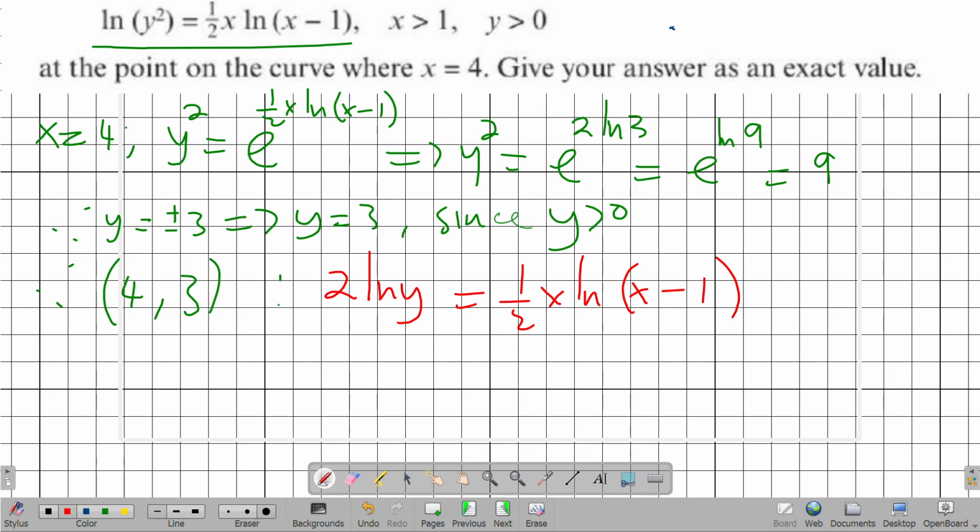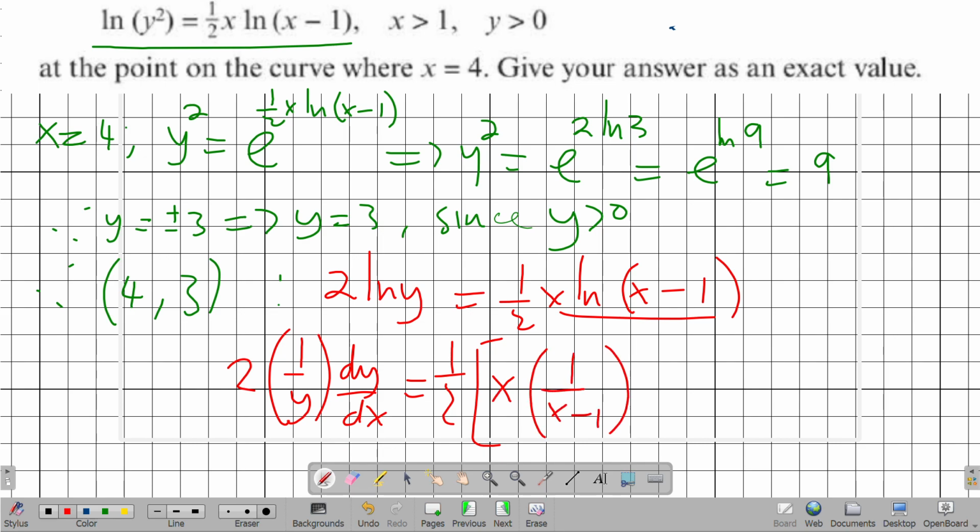So you are going to have 2 times 1 over y dy over dx is equal to, I'll put a big bracket here so that I can do the product rule, half of x in bracket 1 over x minus 1 plus natural log of x minus 1 in bracket. The derivative of x is just 1.